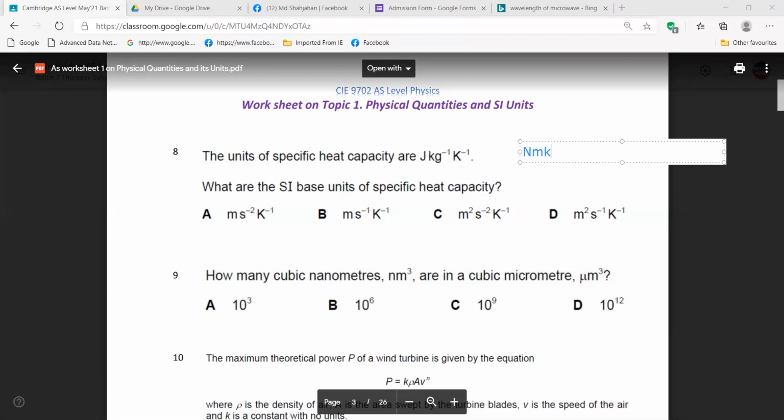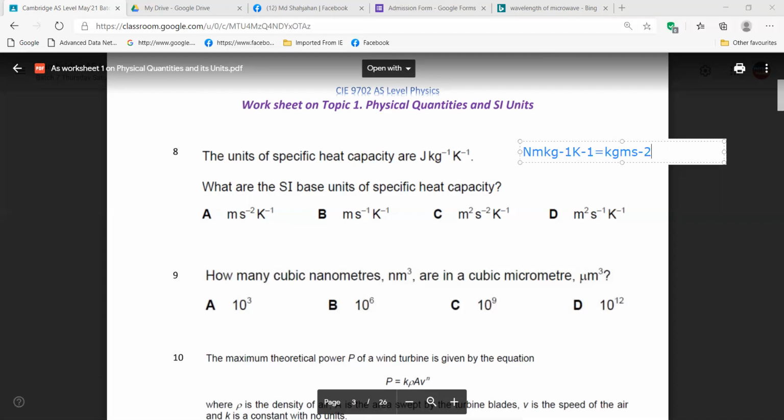Then per kg, then per Kelvin, right? Is it clear? Newton means force. Force is MA. MA means kg meter per second square, right? Then we can write kg meter per second square for Newton.